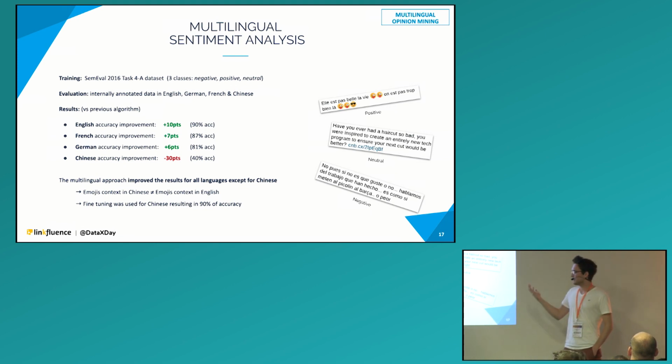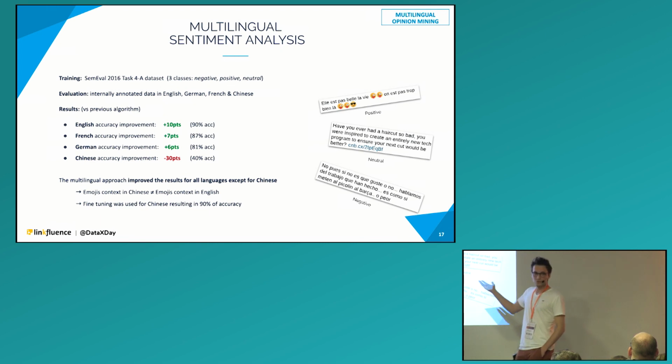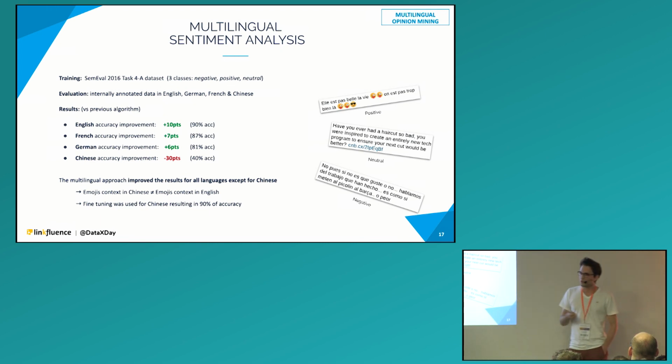This is really a problem, and it shows the limitations of such an approach on representations that are too different. However, we could annotate data internally, so we could still use the CNN that was pre-trained and fine-tune it, achieving around 90% accuracy.